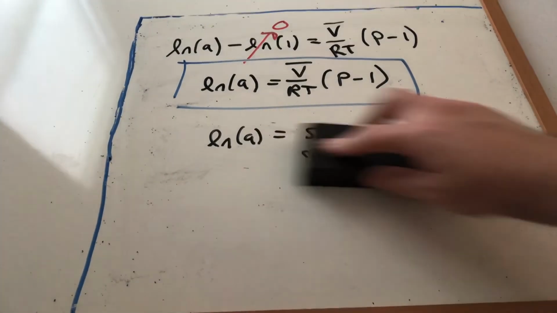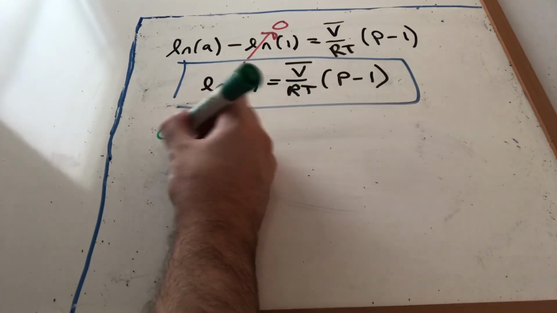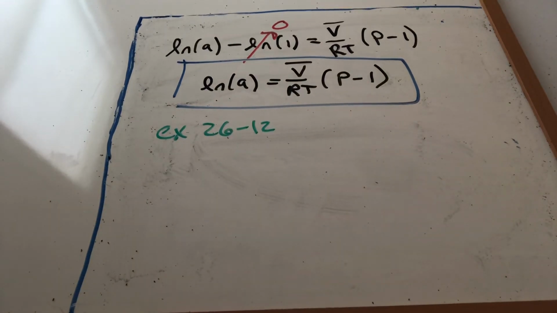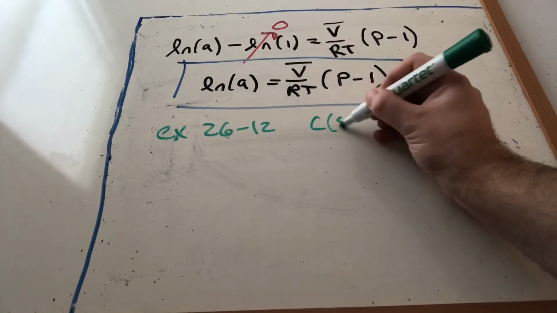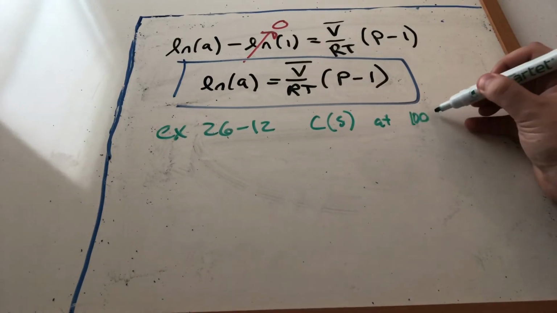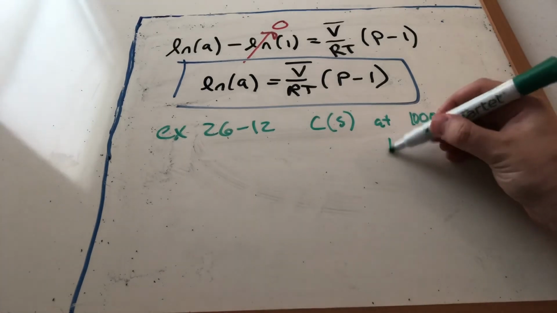Just to drive this point home, there's an example in your book that's great, example 26-12. They look at calculating the activity for solid carbon at 1000 degrees Celsius, I think degrees Celsius or Kelvin, and 100 bar pressure.